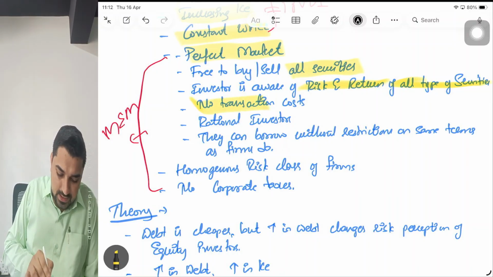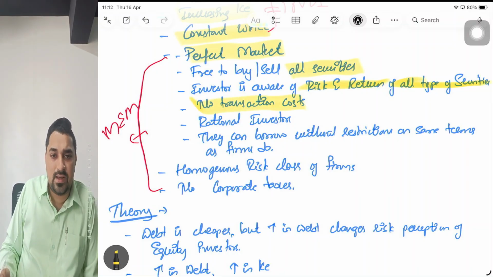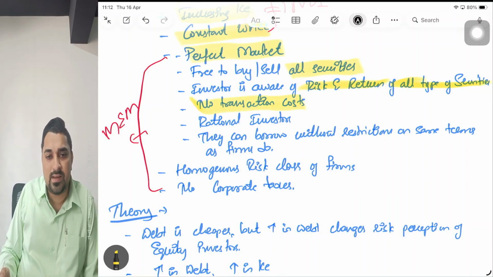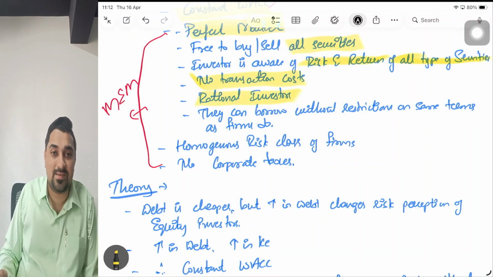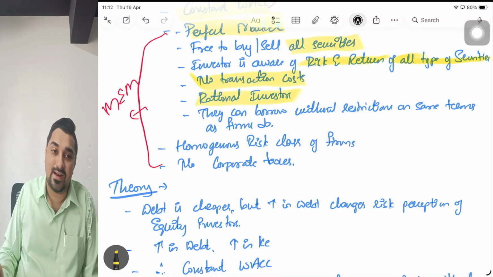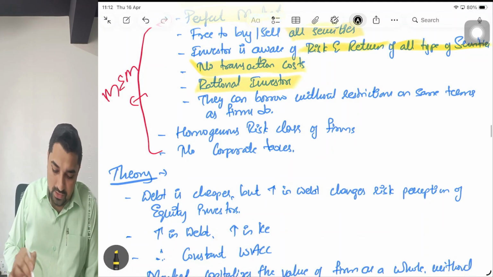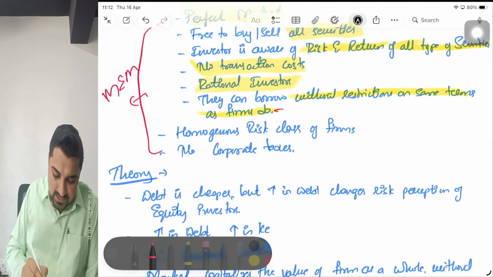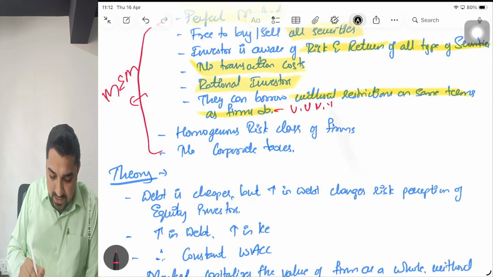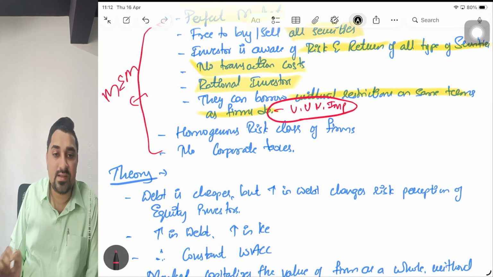Next assumption, there are no transaction costs. M&M believes that whenever I buy or sell a security, there is no transaction cost. And he believes that all investors are rational and they can borrow without any restrictions on the same terms as the firms do. Again, this is a very important unrealistic assumption. So what does this assumption say?